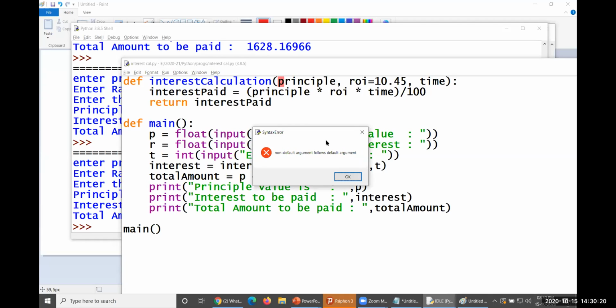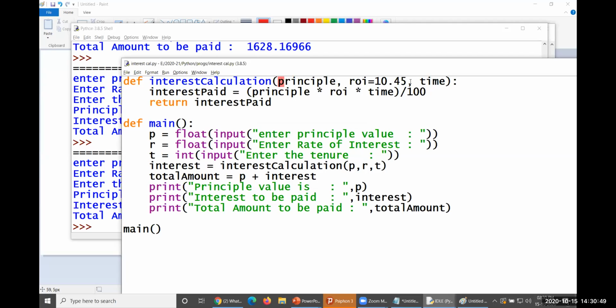You could see: non-default argument follows a default argument. Look at this. Principal is a non-default argument, followed by a default argument, followed by again a non-default argument. This is the error message which has been produced. Okay, it could not be worked out.